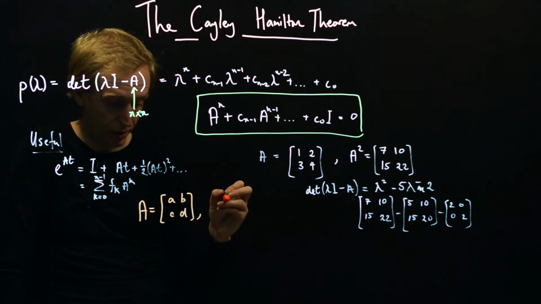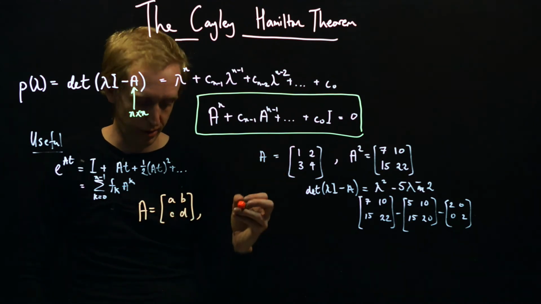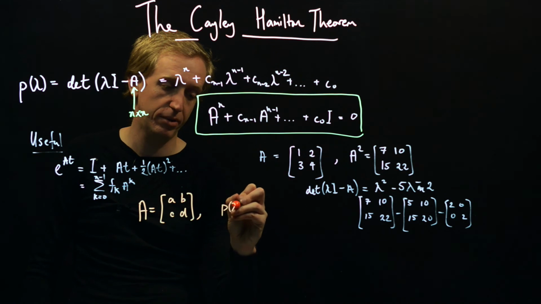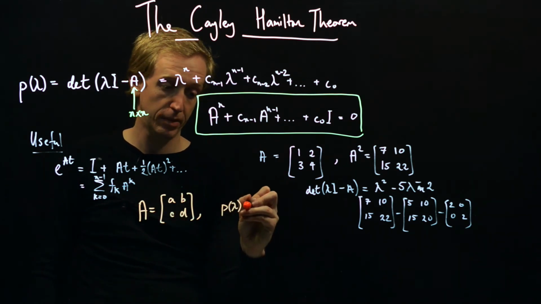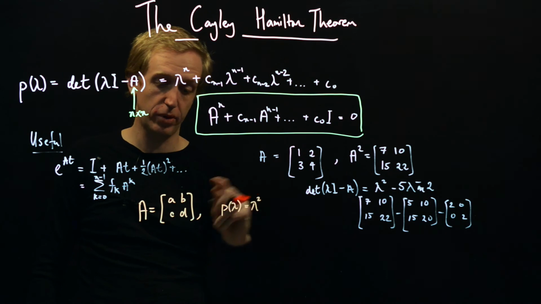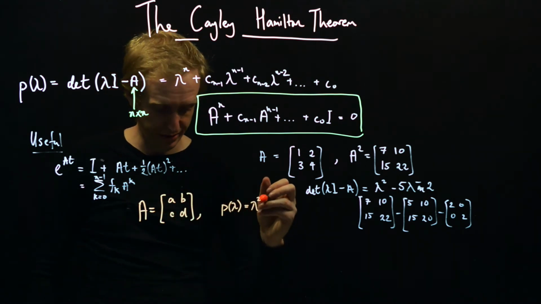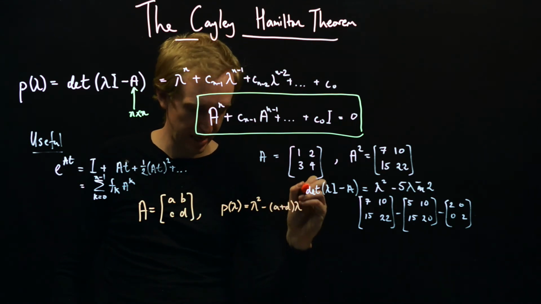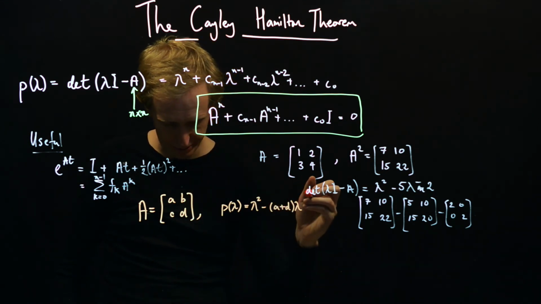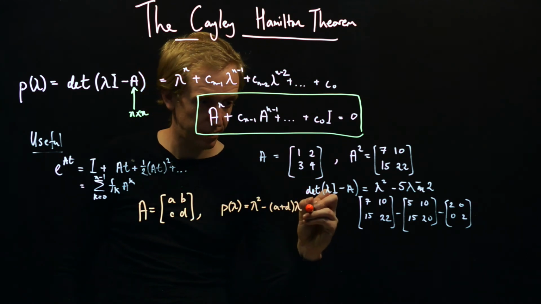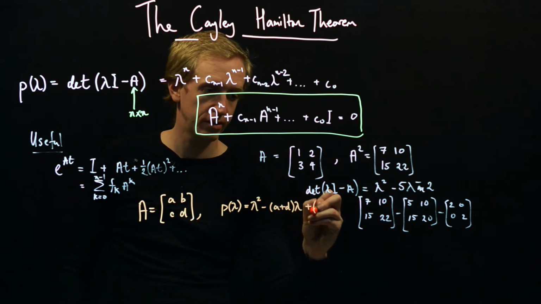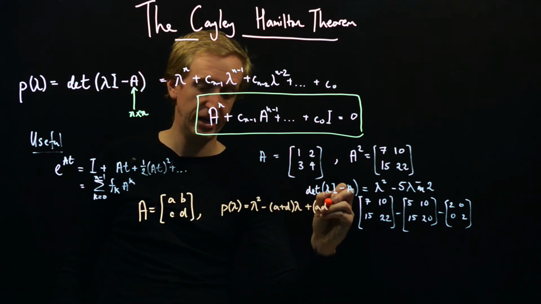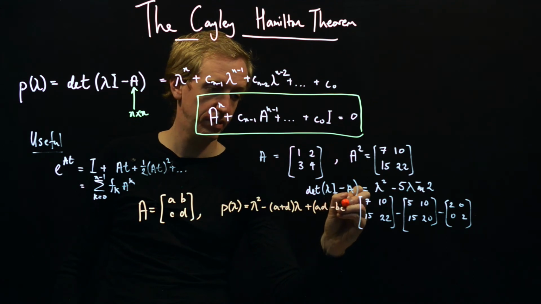The characteristic polynomial of this matrix, well, you can go and check it if you want, but P of lambda for this matrix A is just equal to lambda squared, it's a 2x2 matrix, and then here we have minus (a plus d) times lambda. And then our final term is plus the determinant of the matrix, actually: ad minus bc.